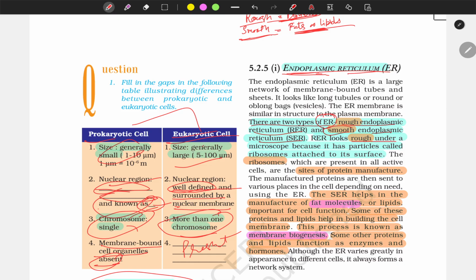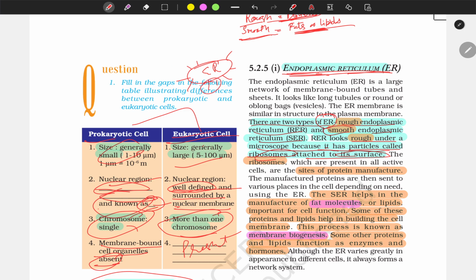Rough endoplasmic reticulum under the microscope has particles called ribosomes attached on the surface. Suppose this is an endoplasmic reticulum, ER, and on its surface there are these particles, and this is what makes it rough.